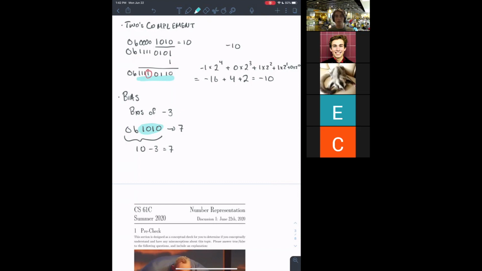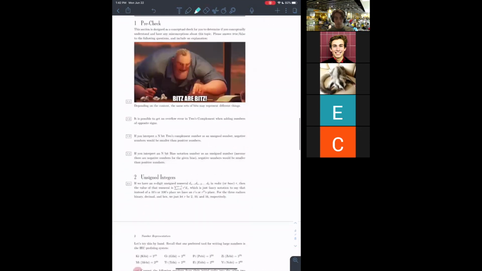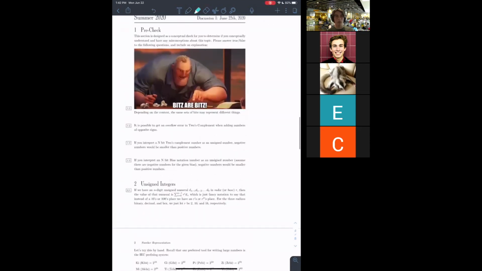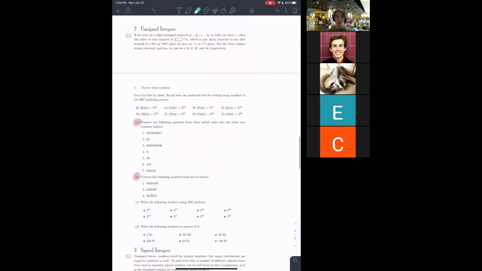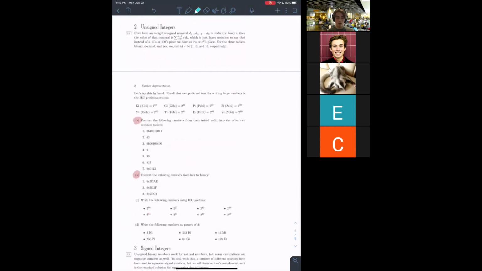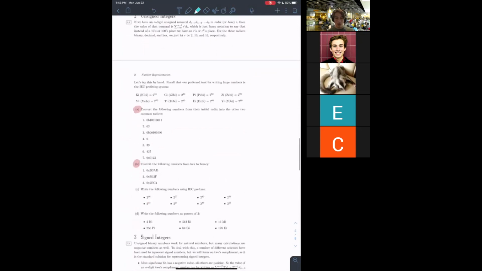All right, let's jump into the worksheet. So I have highlighted a couple questions. We're going to skip over the pre-check questions because these are more conceptual check-in questions. I highly recommend you go through these on your own, but for the purpose of discussion, we're going to take a look at starting with 2A.